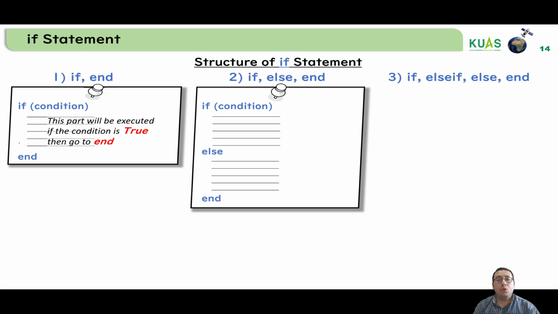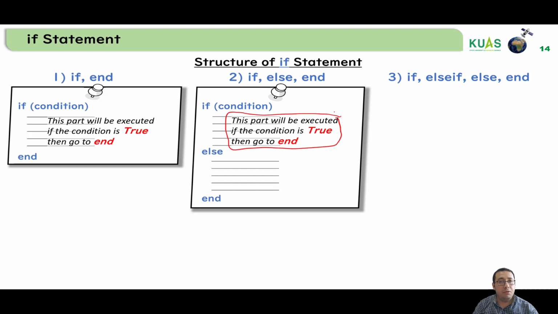The second type is if, else, end. We have the if condition, and it has two outputs, true or false. If the if condition output is true, this part will be executed and then it goes directly to end.